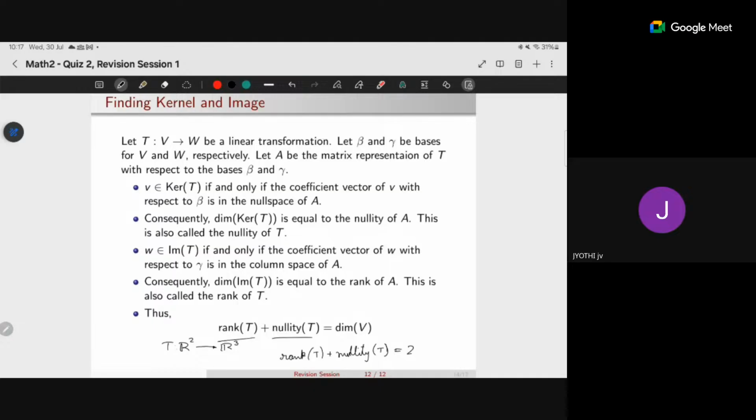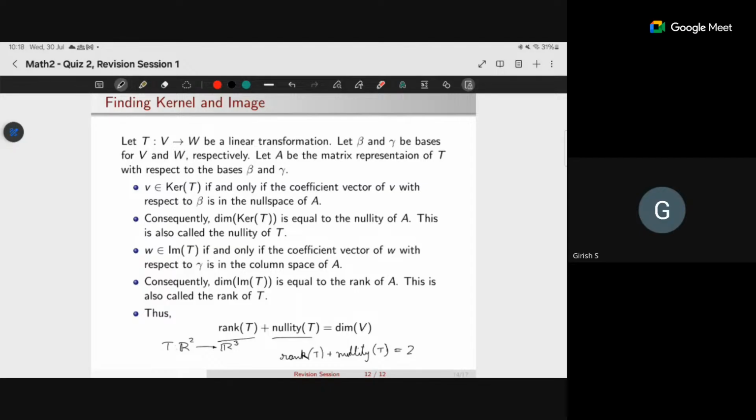So you said that this cannot be surjective, right? The claim was this cannot be surjective. Yeah, if it is surjective, what would be rank of T? Rank of T, remember, is dimension of image of T. If it is surjective, image of T is the whole space, whole of the codomain.